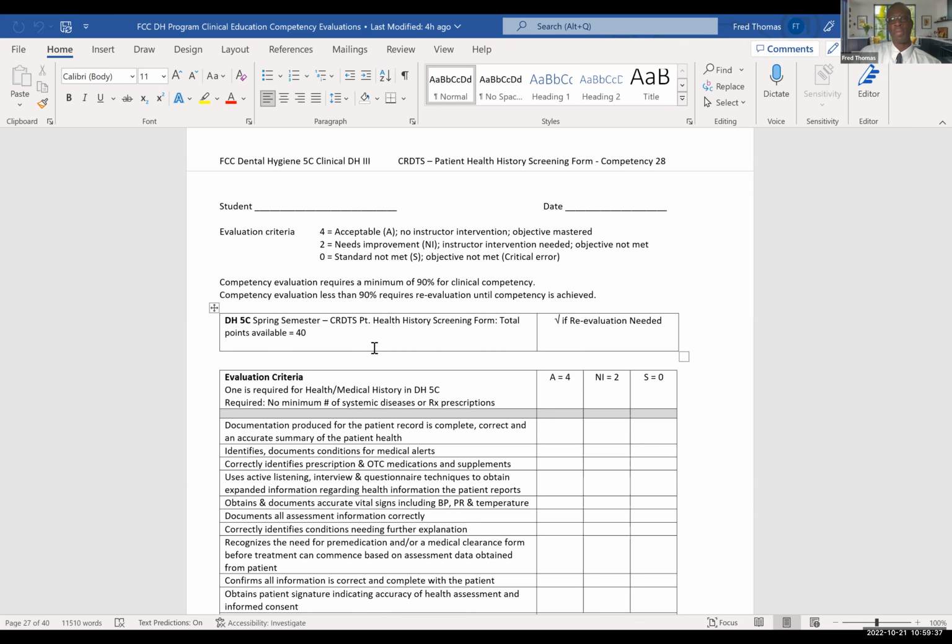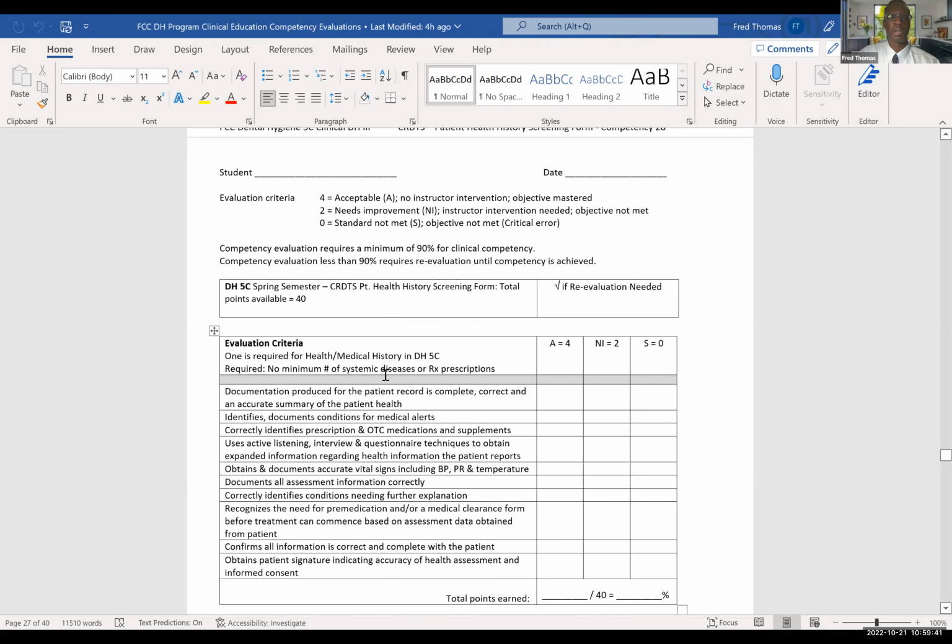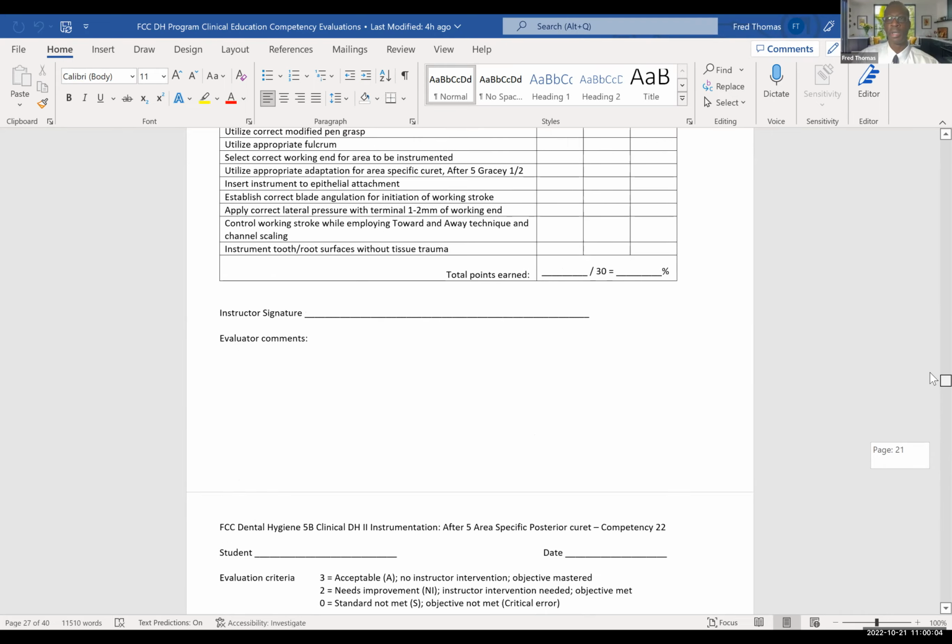So this CE is tied to that medical health history form that they would see when they do their clinical board. And it really helps them out on filling out their information and what type of patient they need to be looking for by the time they graduate or get to their clinical board. So again, all of this is designed to show progression.